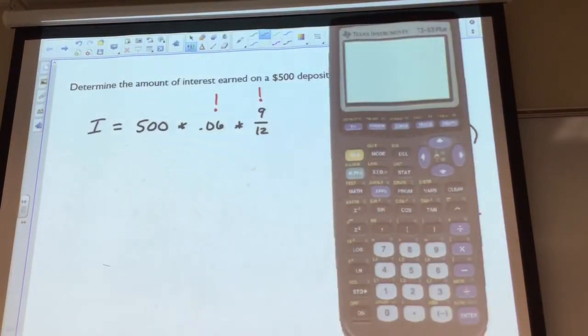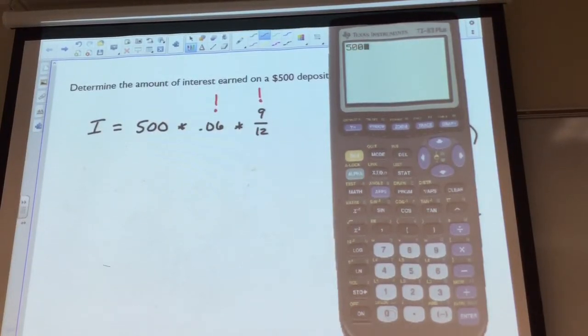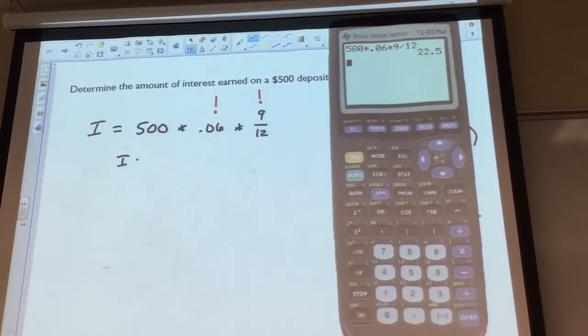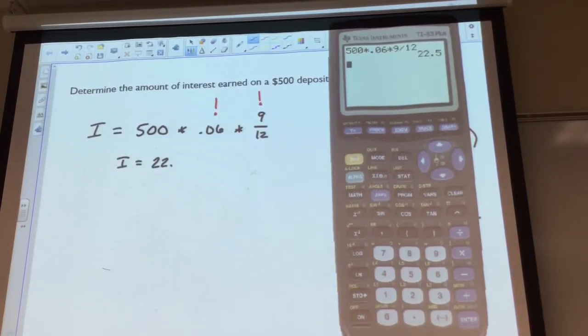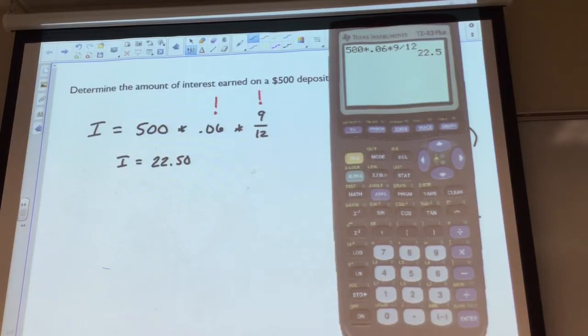Dropping it into the calculator makes life pretty easy, because $500, 6%, and 9 out of the 12 months means that you earned interest in the account of $22.50.